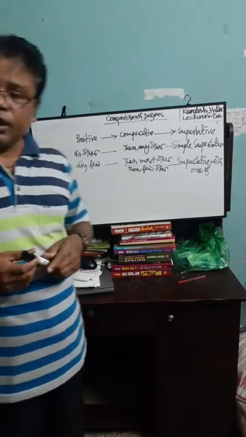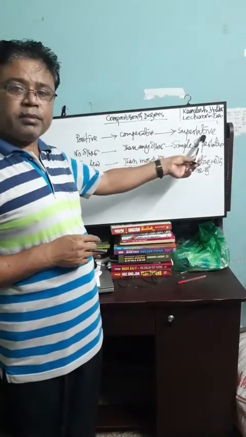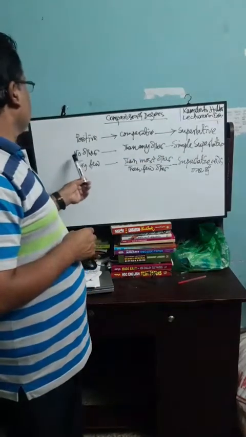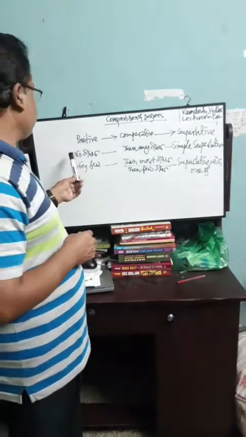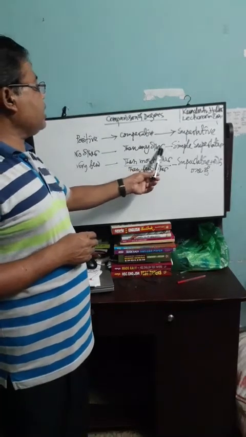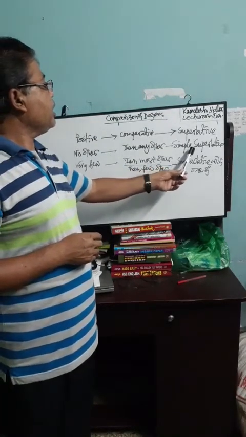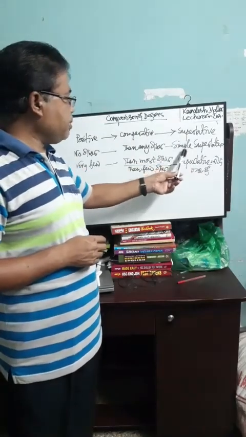Positive degree, comparative degree, and superlative degree. And then in the next line, in the column of positive degree we write no other, in the comparative column any other, and in the column of superlative degree, simple superlative.